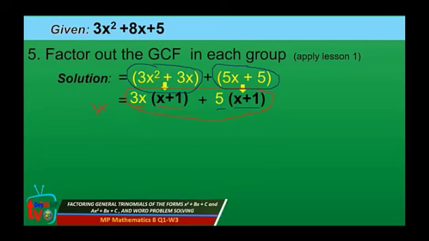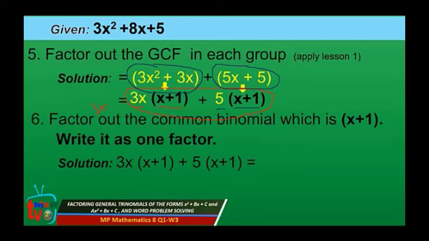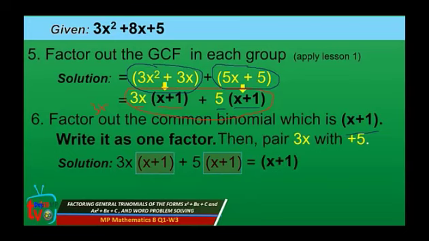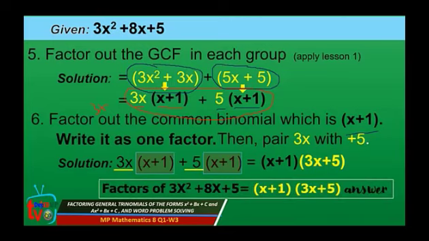And the last step, let's factor out the common binomial in step 5, which is x plus 1, or we just write this as one factor. And then pair 3x with 5 or positive 5. Therefore, we have the quantity x plus 1 times the quantity 3x plus 5. These are the final factors of the given trinomial 3x squared plus 8x plus 5.